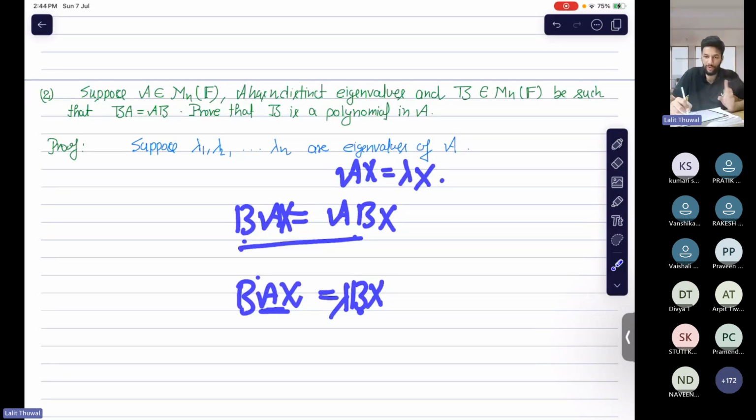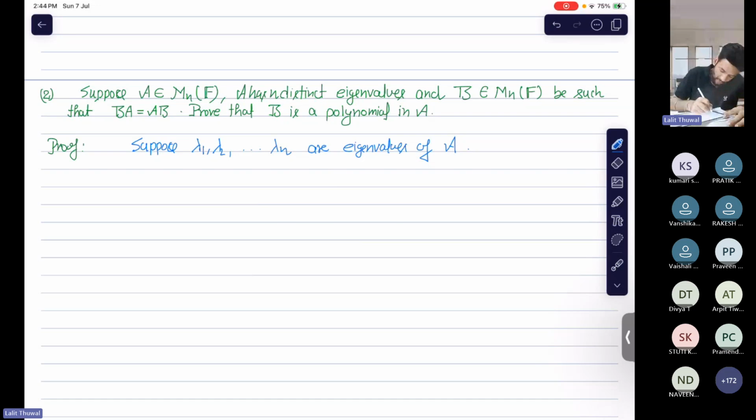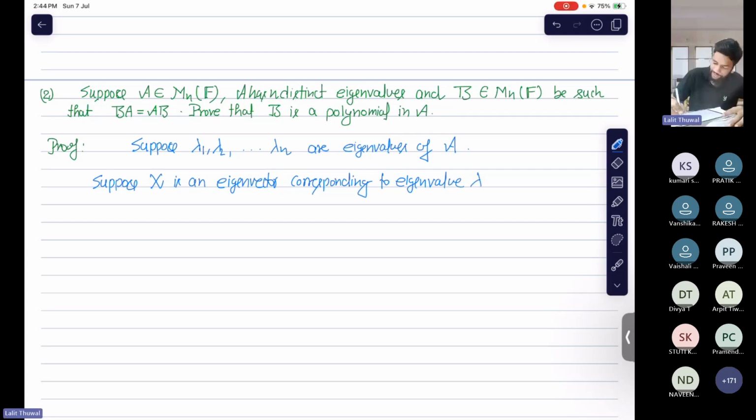Let me write it here. So suppose x is an eigenvector corresponding to eigenvalue lambda. Then we have Ax equal to lambda x, right? And x is non-zero.